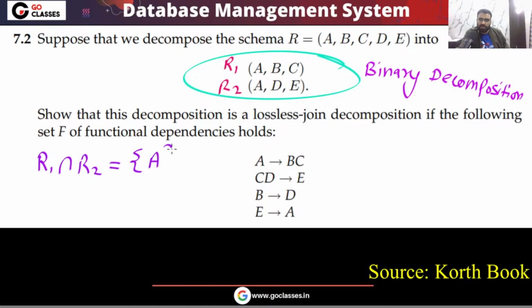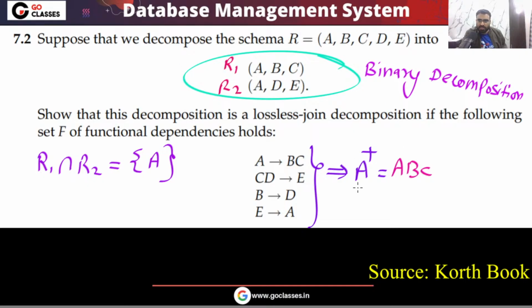Basically we are finding the set of all common attributes. You can see that attribute A is the common attribute. Only this attribute is common. So the set of all common attributes is A. Now what we will check is whether this is a super key in R1 or R2, meaning can it determine all the attributes of R1 or all the attributes of R2? For that we will find the closure of A, what A can determine, what A can derive. You can see that A can derive ABC. That's it. So finally I can say that this decomposition is lossless.